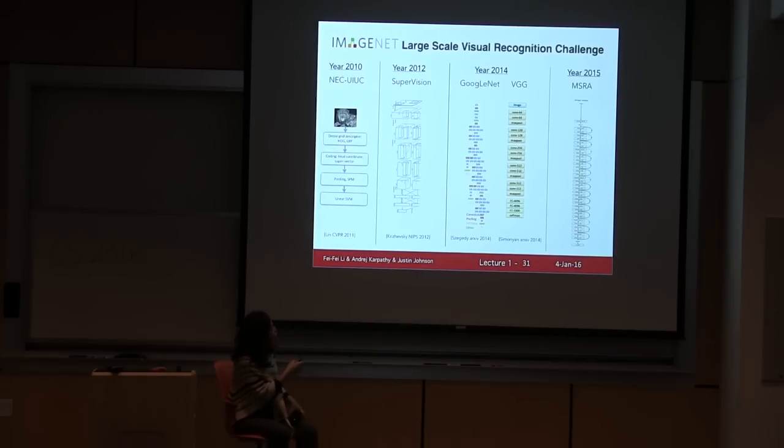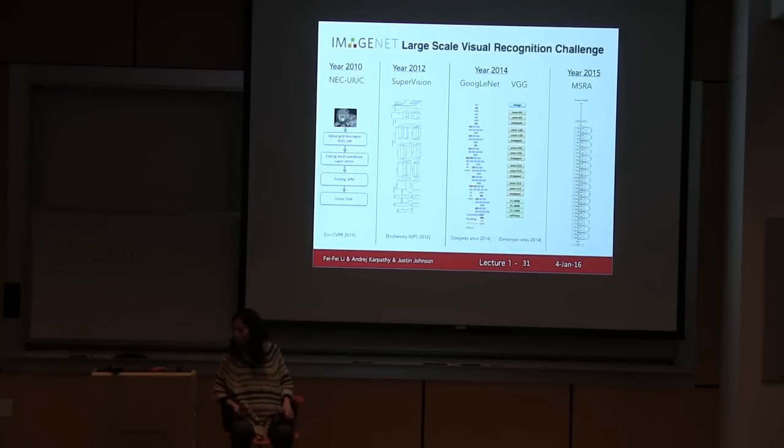And fast forward to 2015, the winning architecture is still a convolutional neural network. It's 151 layers by Microsoft Asia researchers, and it's called the residual net, right?